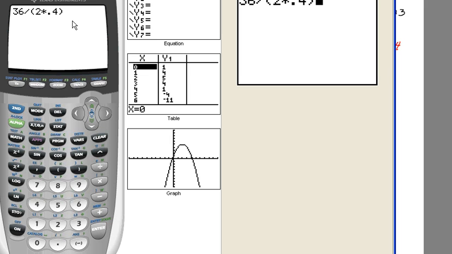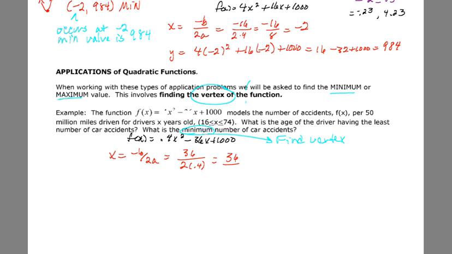Notice I put 2 times 0.4 in parentheses. You have to do that, otherwise it won't make the calculation correctly. So we come up with 45. So 36 over 2 times 0.4 is equal to 45. So there's the first part of my vertex.